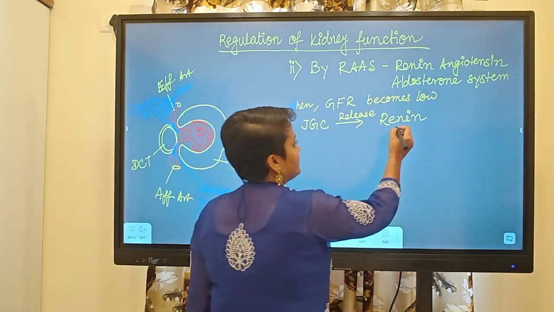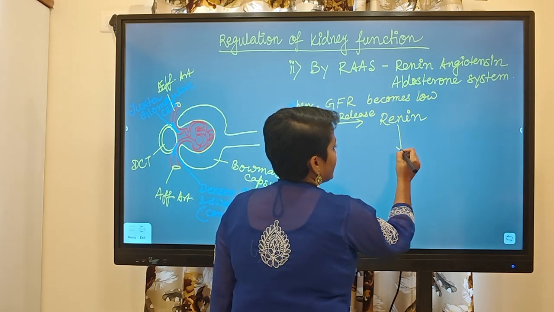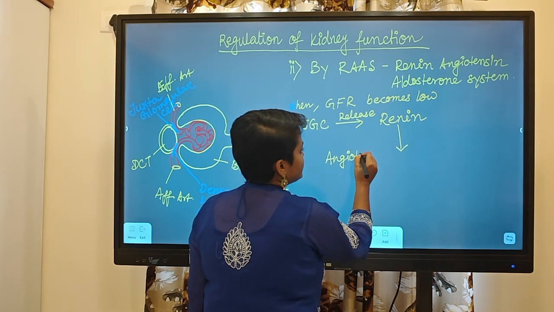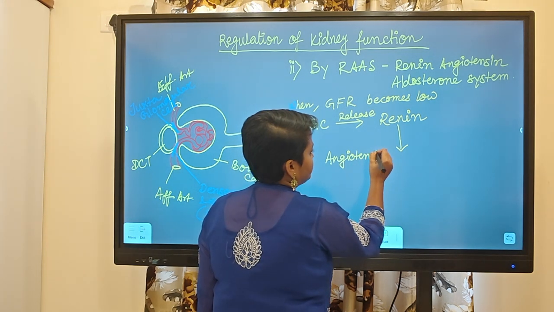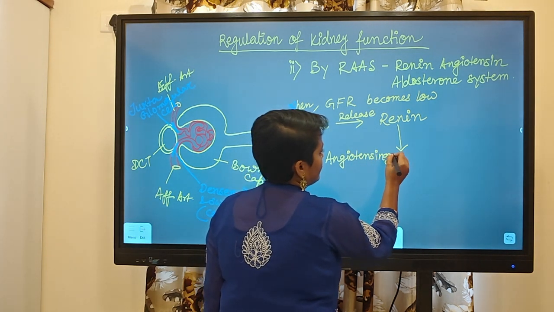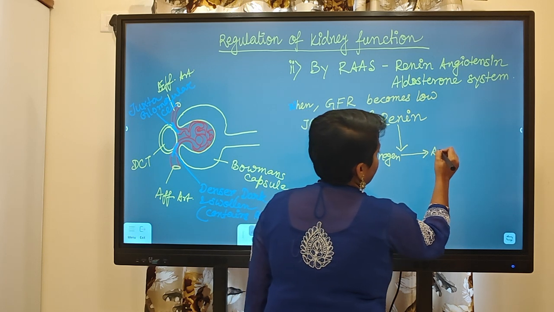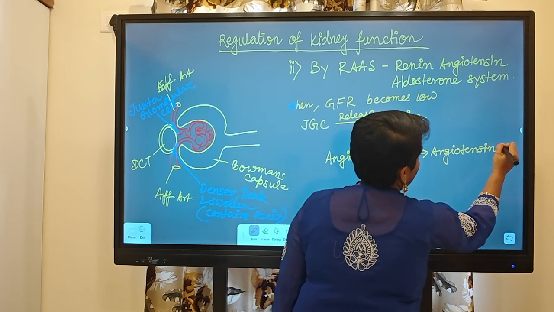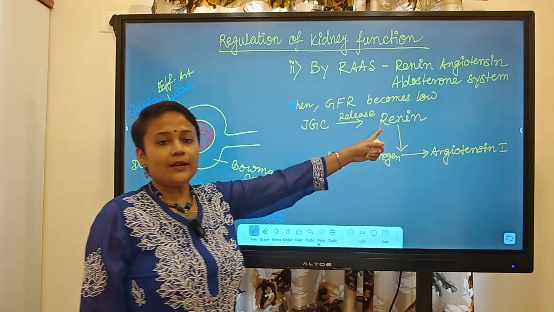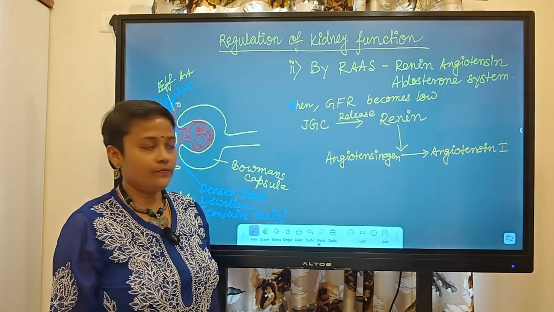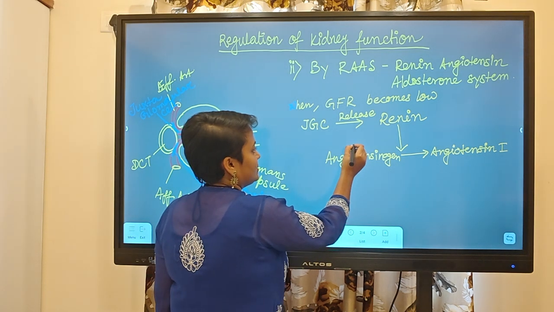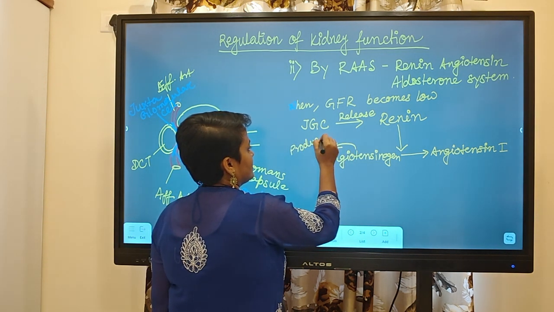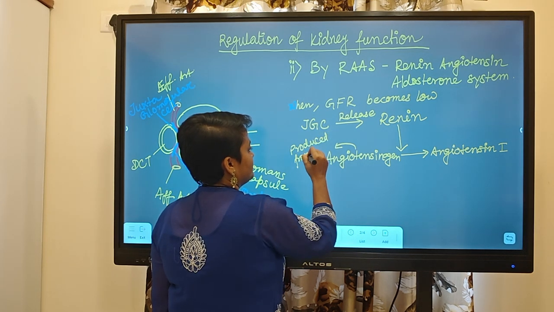Renin enzyme will convert angiotensinogen to angiotensin 1. Now renin will be there in the blood when GFR is low, and angiotensinogen will be produced from the liver.